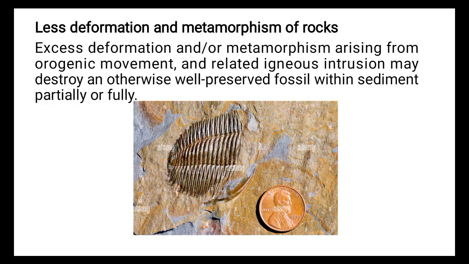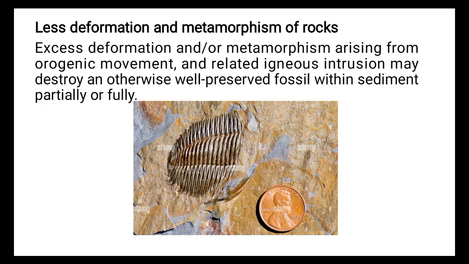Similarly, the effect of deformation and metamorphism of rocks. As you know, deformation and metamorphism and related igneous intrusion may destroy the fossil. If the rock has undergone very little or no metamorphism, the fossil within the rock will be preserved very nicely.